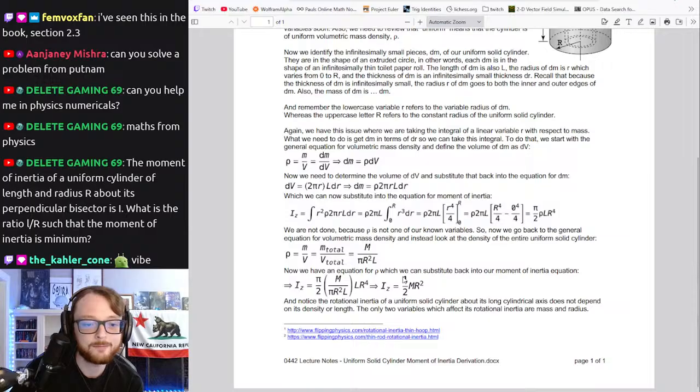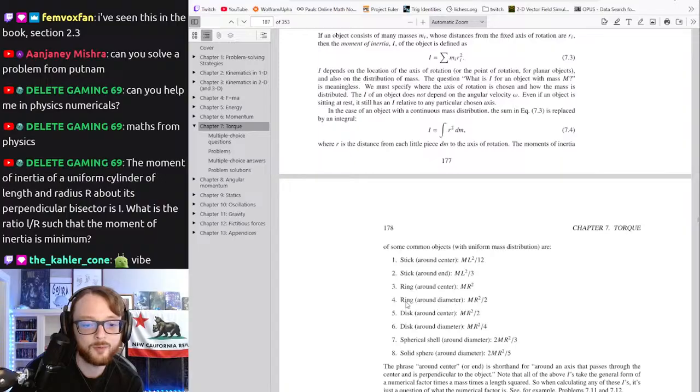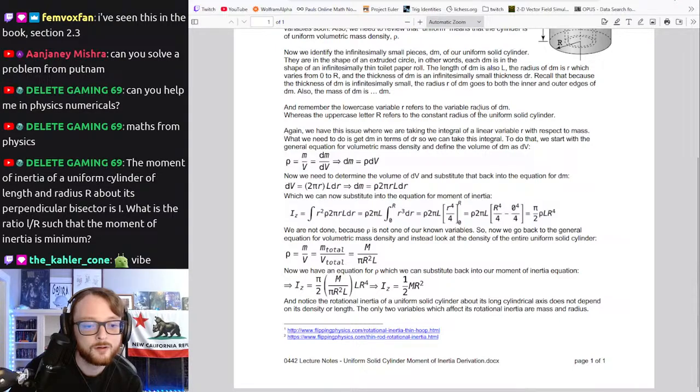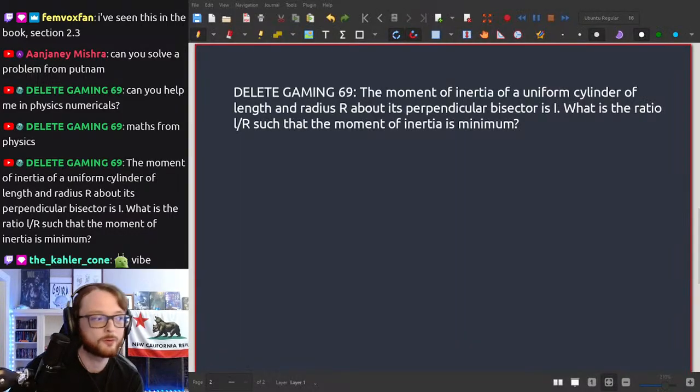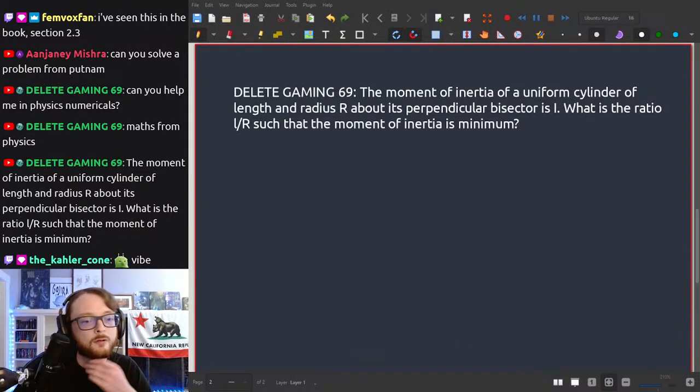Oh, it's just a half m r squared? Why does the length drop out? I wouldn't have expected that. It's the same as a ring or a disc around the center. That's kind of weird. If we're just allowed to use that though, and let me know if you would have to derive that, and I can figure that out too.